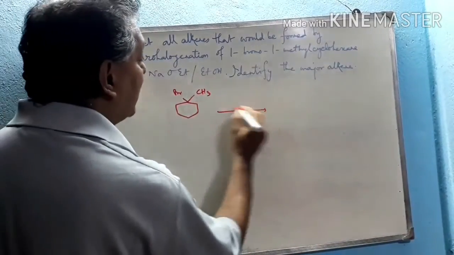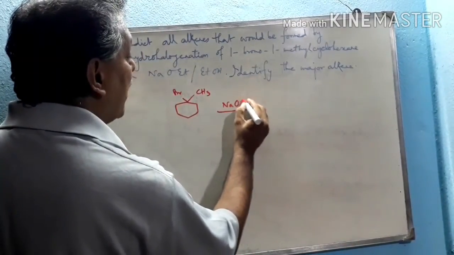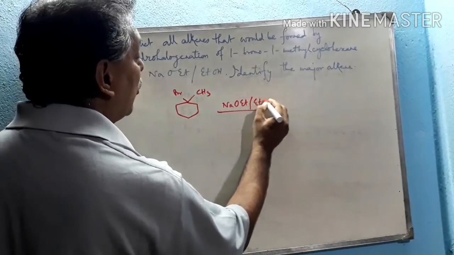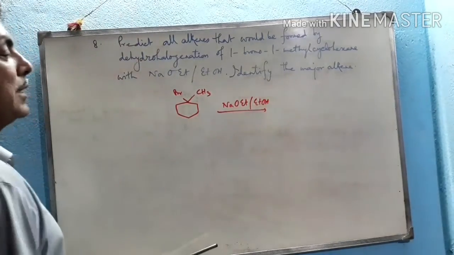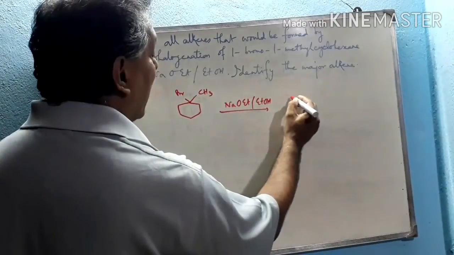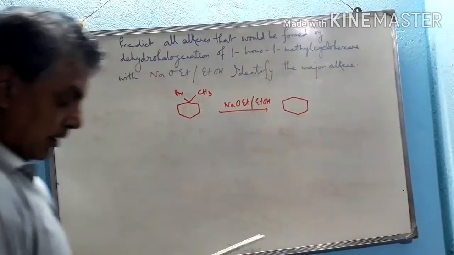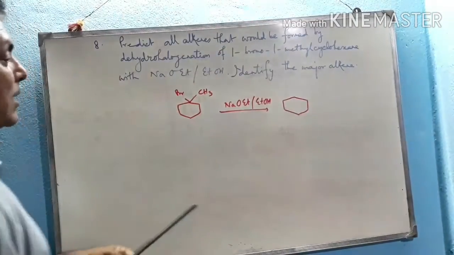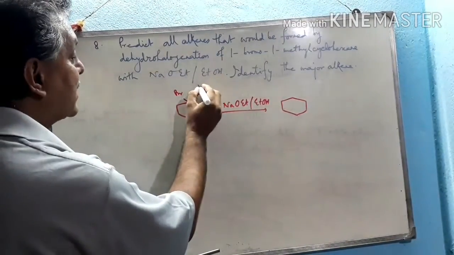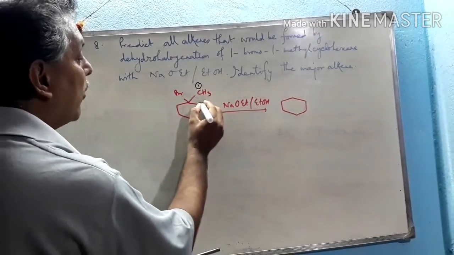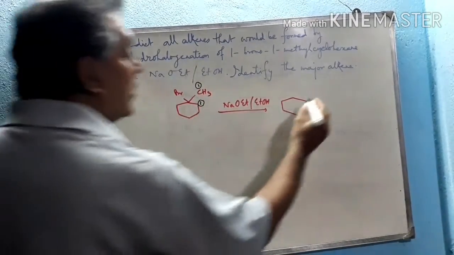This when treated with a base like sodium ethoxide in ethyl alcohol, two products are obtained. Dehydrohalogenation takes place from either carbon atom 1 or carbon atom 2.